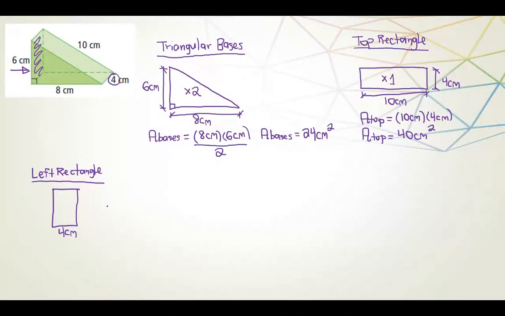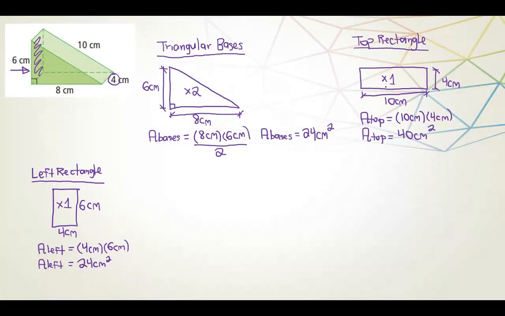Well, it's actually the width of the prism, and the height is 6 centimeters. This only repeats a single time. So the area of the left rectangle is length times width, 4 centimeters times 6 centimeters, and the area of this left face would be 4 times 6, which is 24. The units are square centimeters.